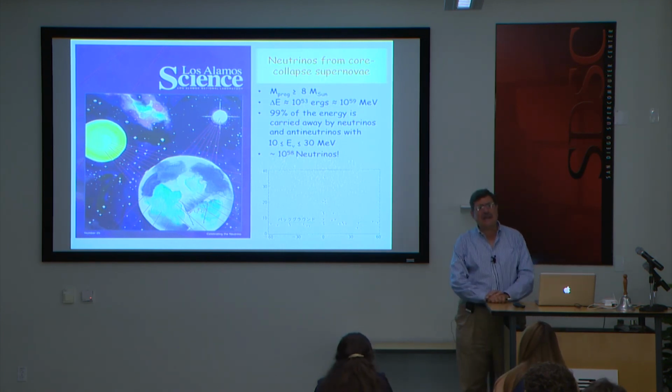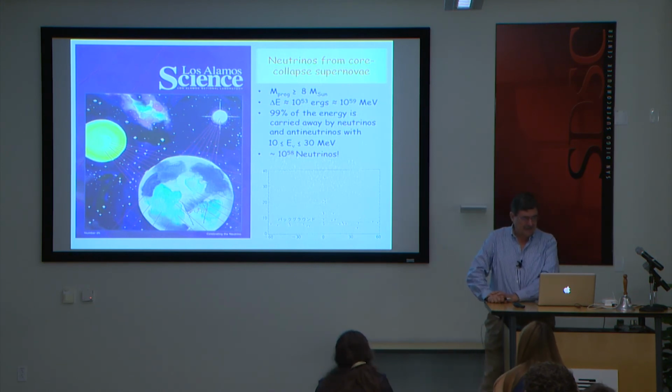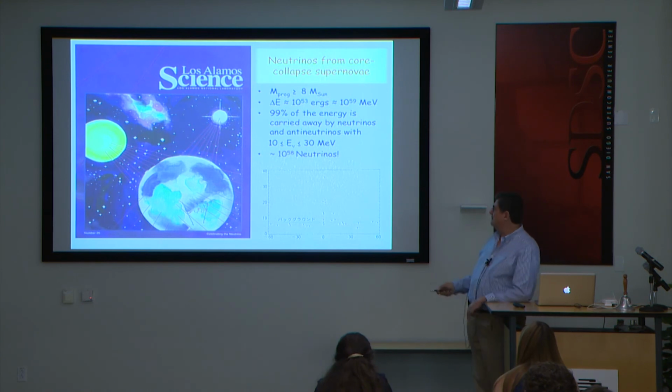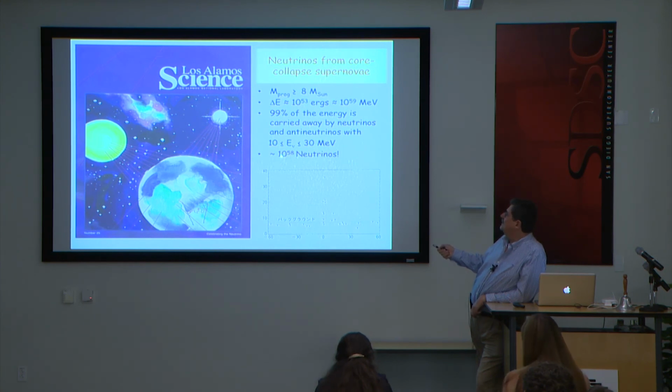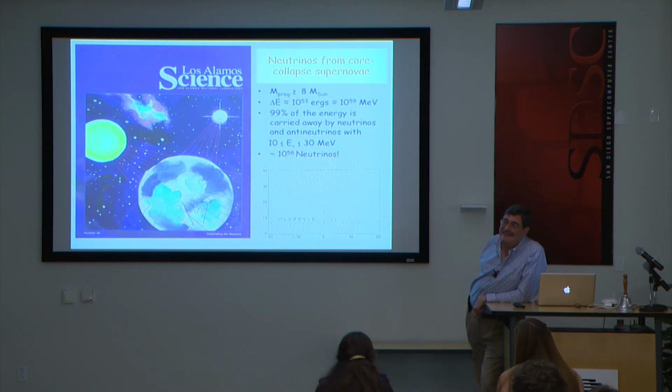And 99% of that energy is carried away by neutrinos and antineutrinos. So altogether, if you say the average neutrino has 10 MeV or maybe a little bit higher energy, then you have something like 10 to the 57 or 10 to the 58 neutrinos. So for the purposes of my talk tomorrow, supernovae are factories that convert gravitational binding energy into large amounts of neutrinos.